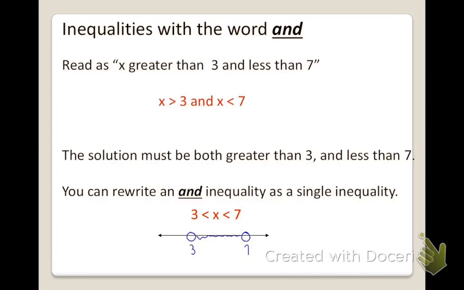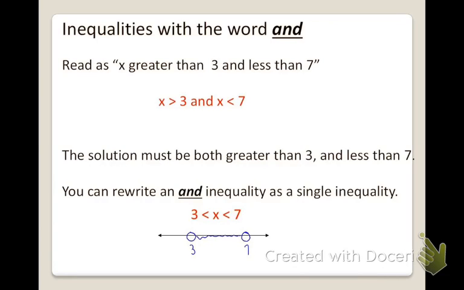Now if that's the case, and Rex just said it, between, if our solutions are going to be between 3 and 7, then we can rewrite an and inequality. It looks like this, where x is right in between two inequality signs. And so this means the same thing: 3 is less than x, which is less than 7.